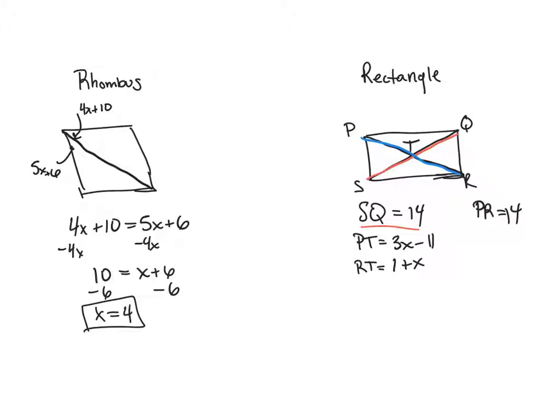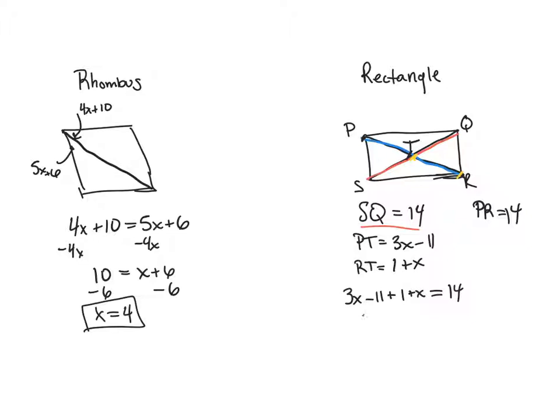So they tell me that PT, this first part, is 3x minus 11. And the second part here is 1 plus x. So since I know that those two parts have to make 14, I go back to that first unit and say, well, I can add segments together to get the whole thing, right? I can say, well, 3x minus 11, because that's my first part, plus my second part has to equal the whole thing.